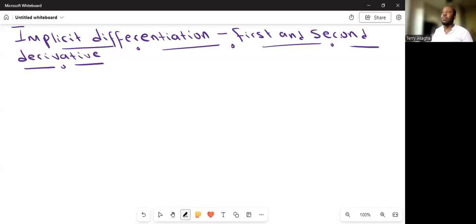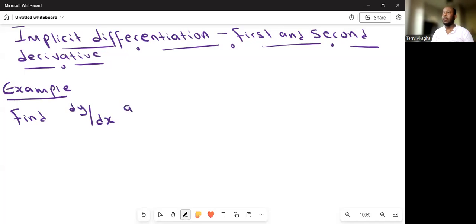All right, so we have an example here that we're going to solve. We're told to find dy over dx and d2y over dx squared, okay?